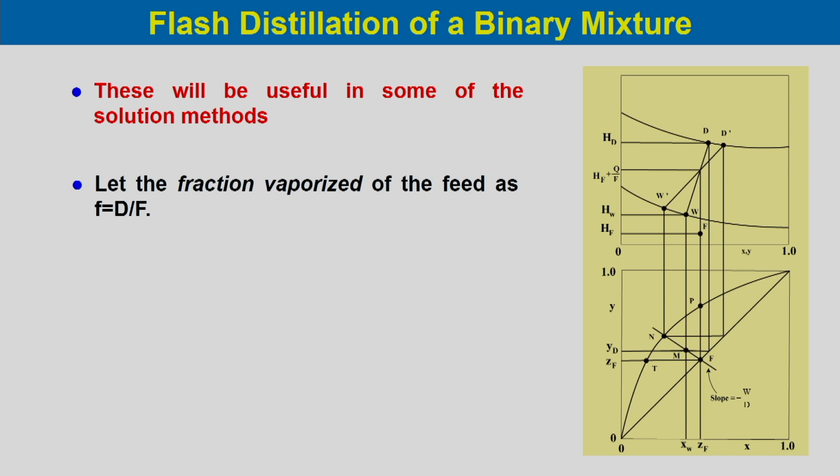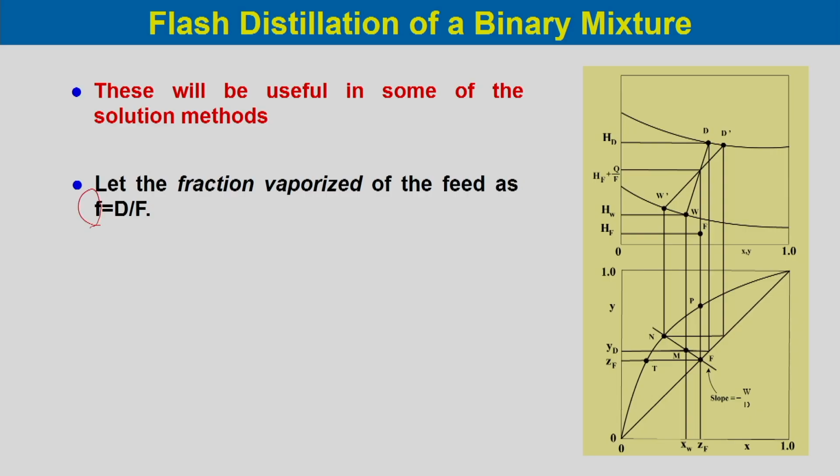Let the fraction of the feed vaporized be f. So, it is not completely vaporized; a fraction of the feed is vaporized, and that fraction is defined as f equal to D by F, where D is the distillate and F is the feed.